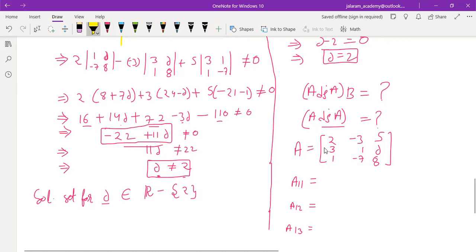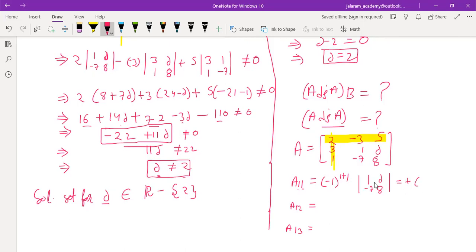For the first cofactor, we write minus 1 to the power 1 plus 1, the suffixes added, and then the determinant obtained by deleting the first row and first column, which is 1, delta as the first row and minus 7, 8 as the second row. Minus 1 whole squared is positive, into 8 plus 7 delta. So it gives 8 plus 7 delta as the first cofactor.